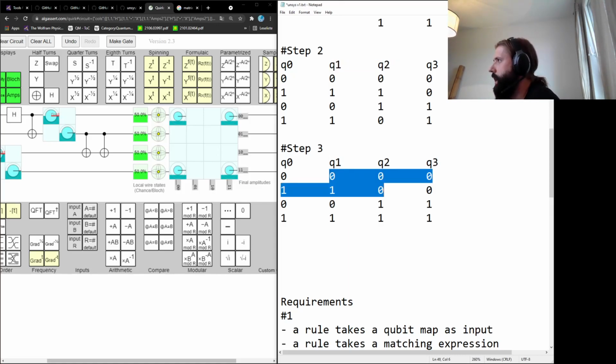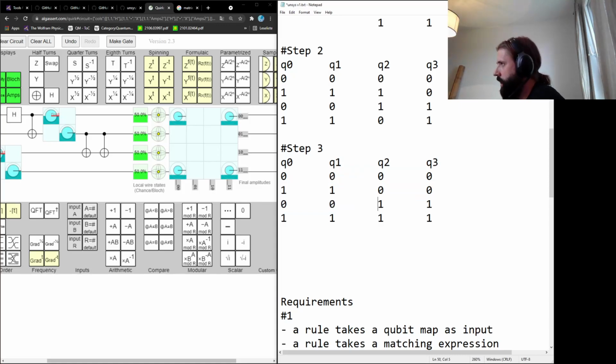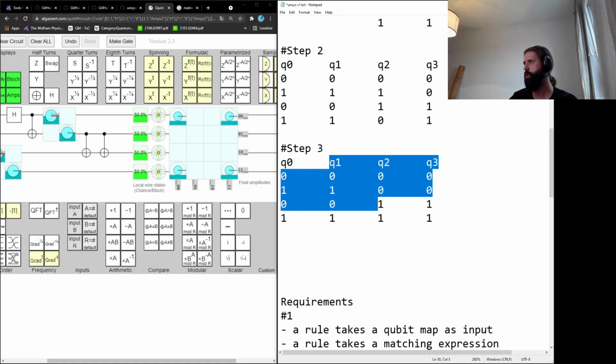This means that I just have a sort of an all combination of those.